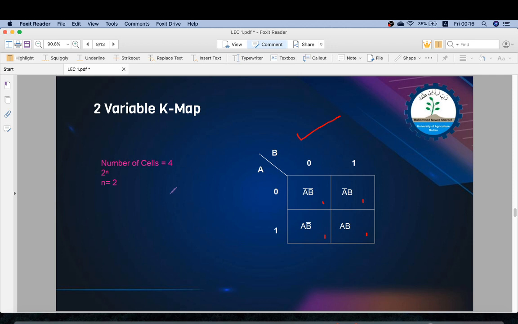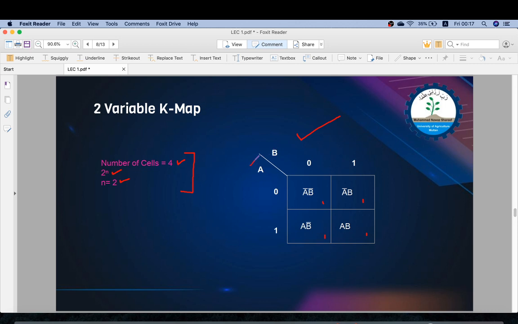How do we calculate that? The expression is 2 to the power n, where n is the number of variables. For a two variable K-map, n is 2, so 2 to the power n is equal to 4. So this is how we know the number of cells in a K-map with a specific number of variables.